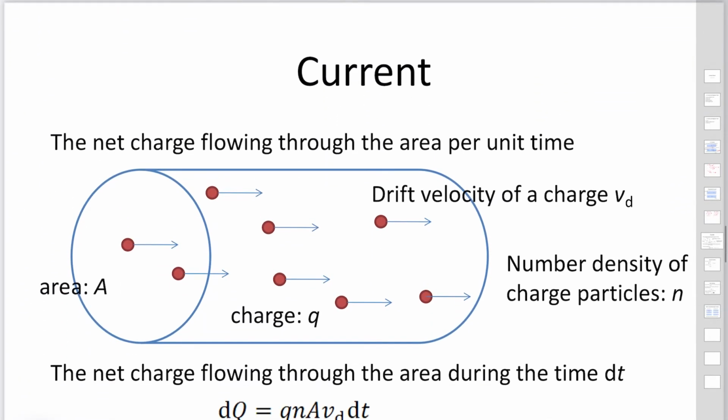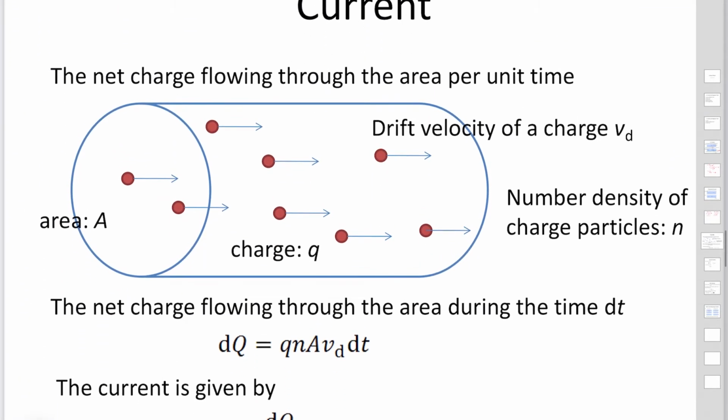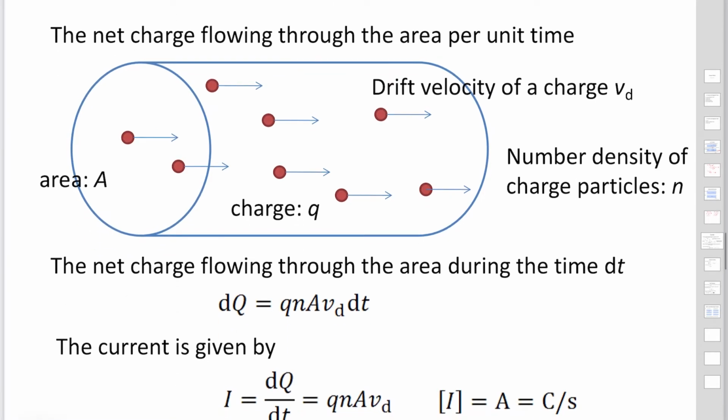Then for the current, we'd like to find an expression to describe it. Current is the net charge flowing through an area per unit time. This is the cross section of the wire, and the wire has an area A. If we consider a cylinder, the height of the cylinder is v sub d times dt.